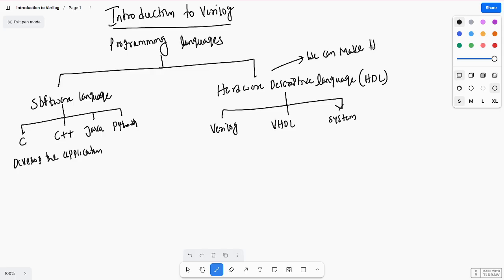Software people will not make hardware, they will just develop the application only. So this is the difference between software language and hardware descriptive language.